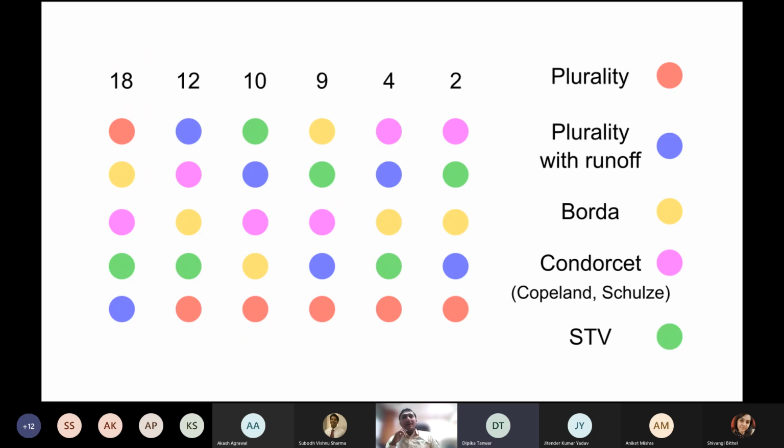This is quite surprising because each of these voting rules seems very reasonable in its own right. They're using preferences in some intuitive manner, but there are situations where they all give different outcomes. And this is a very interesting thing.